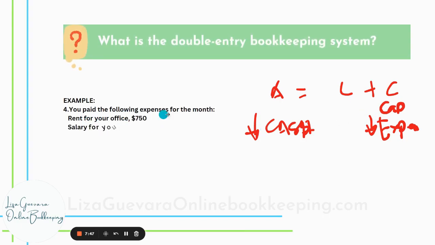Another example is, you pay the following expenses for the month of May: rent for your office, salary, office supplies, and utilities and medical supplies. Once you paid, there is a cash outflow, so your cash will decrease and your capital will decrease because your expenses will decrease your revenue.